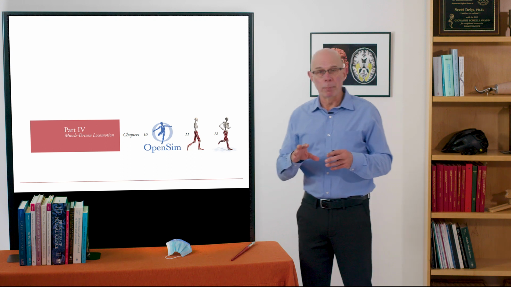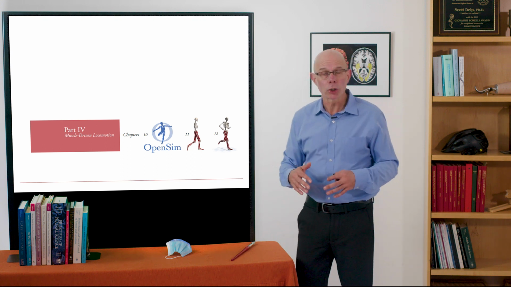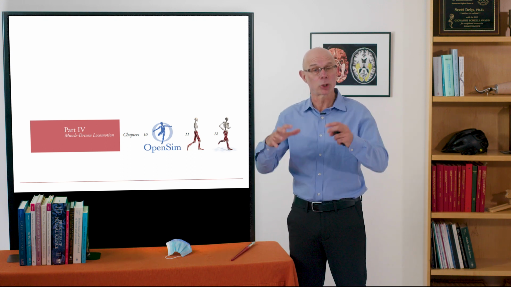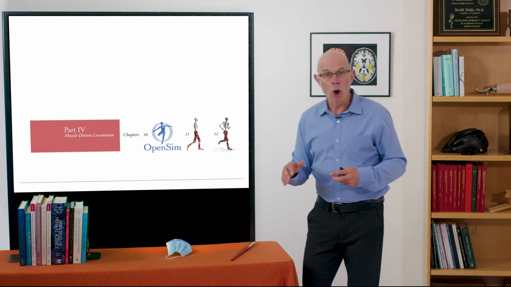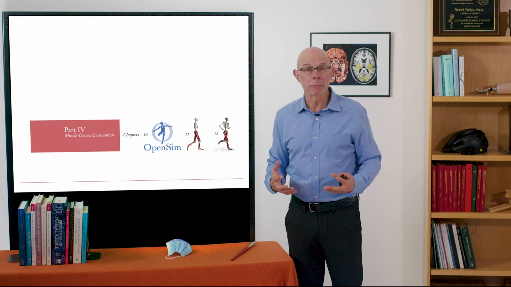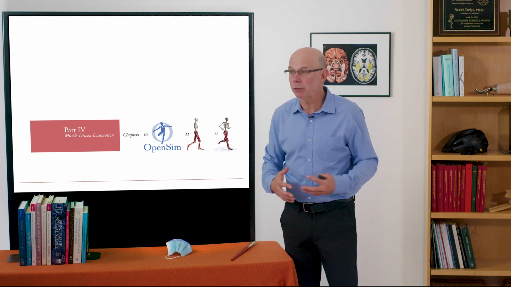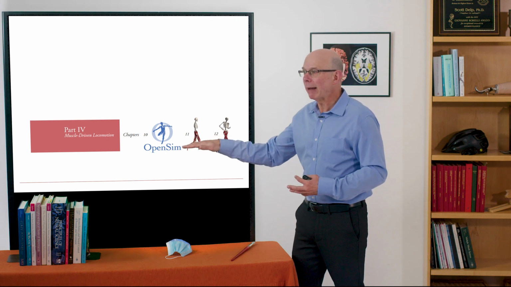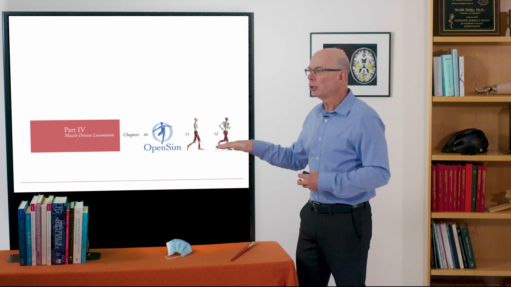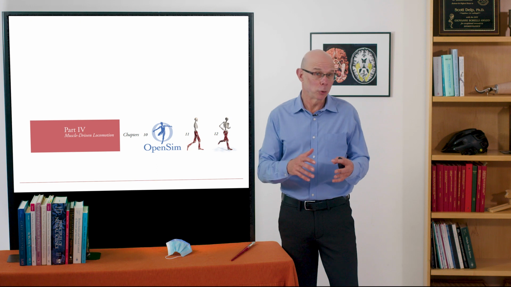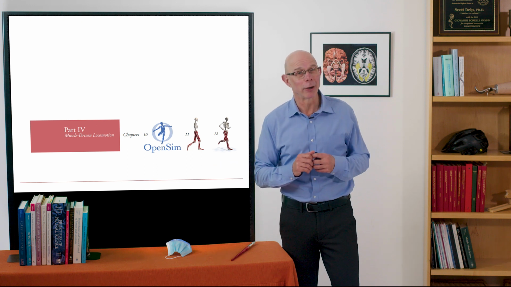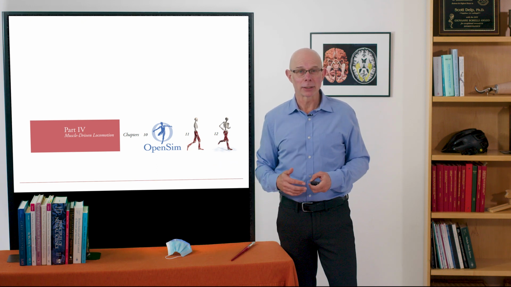We'll conclude the book with part 4, where we return to walking and running, but this time with much deeper insight. We'll do chapter 10 on how we develop muscle-driven models, muscle-driven simulations of motion. And Chapter 11 will deal with muscle-driven walking, Chapter 12, muscle-driven running. I'll then point you to, in Chapter 13, not shown here, where the field of biomechanics is headed in the future.